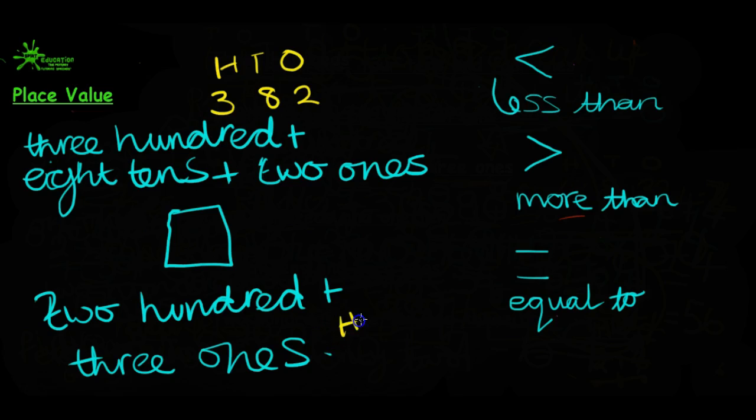Again, hundreds, tens, and ones. 200 plus 3 ones. Place value holder because there's no tens. And 3 ones. Which number is bigger? Which number is smaller? We know this is the larger number. So 382 is more than 203.